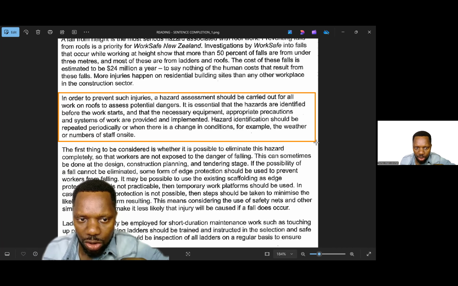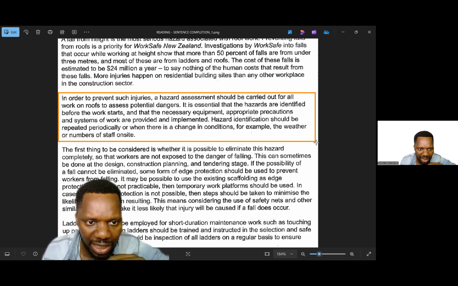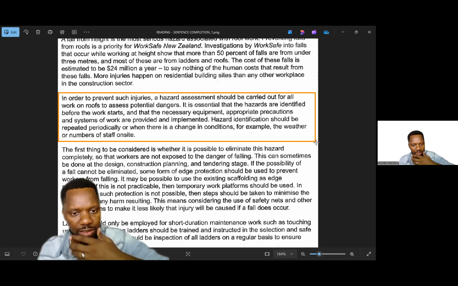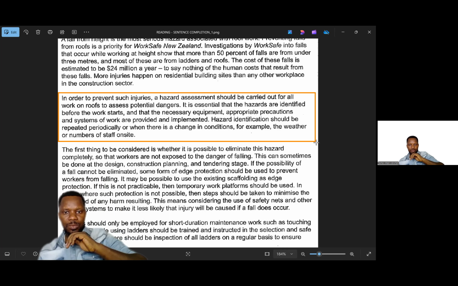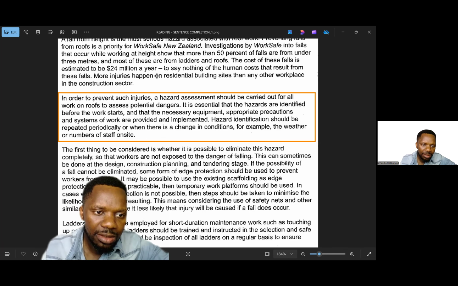Hazard identification should be repeated periodically or when there is a change in conditions, for example, the weather or numbers of staff on site, right? Now, these are the assessments as indicated in that subheading.